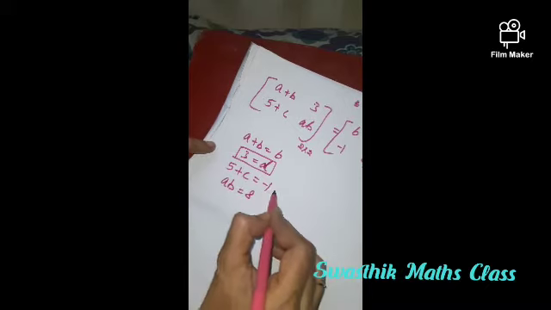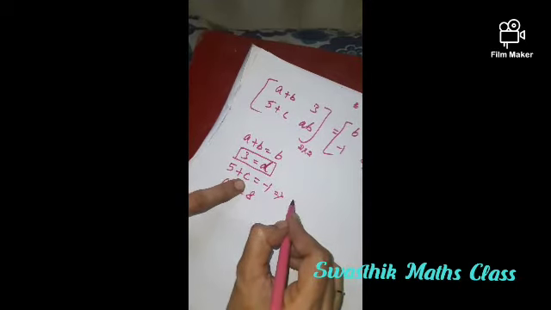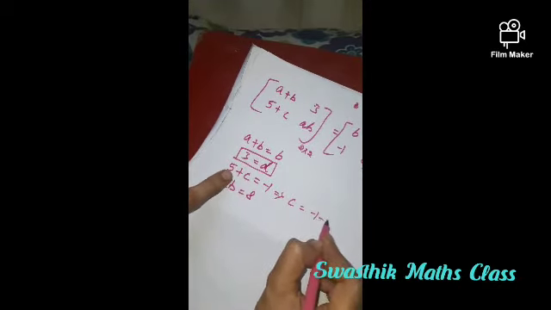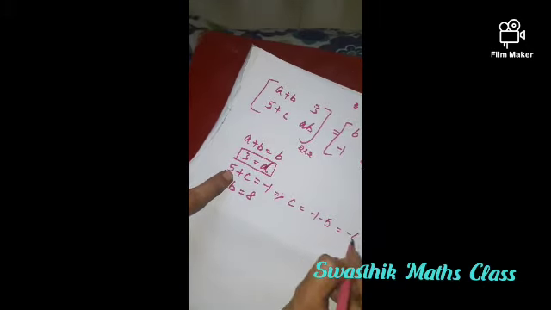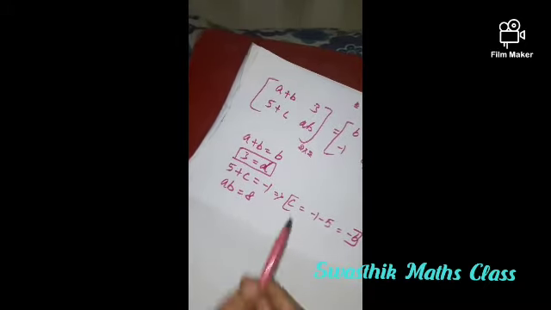Next, if you look at this equation, here C is the only unknown. So from this equation, we can get C is equal to minus 1, and this 5 goes to the other side as minus 5. That is, C is equal to minus 6. So we get the values of C and D first.